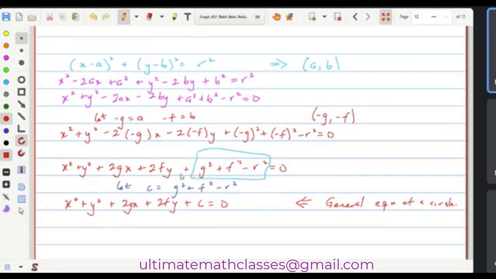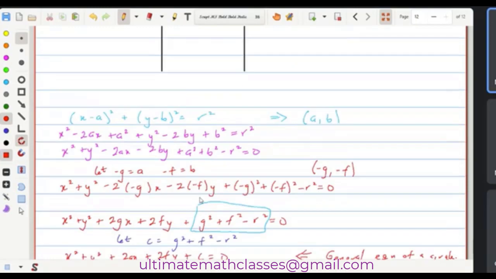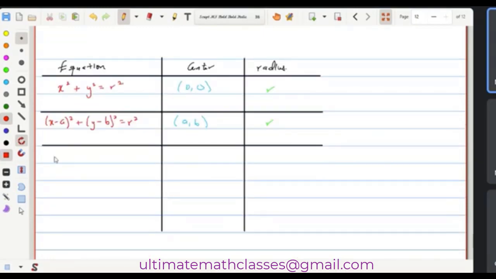Okay, so let's go to the summary table again. The new equation over here, can you give me? I don't know if you remember. x squared plus y squared plus 2gx plus 2fy plus c equals 0. Wonderful.